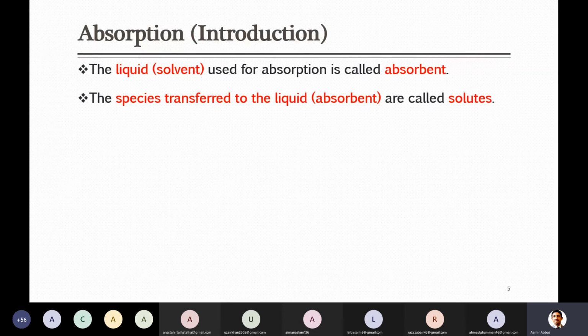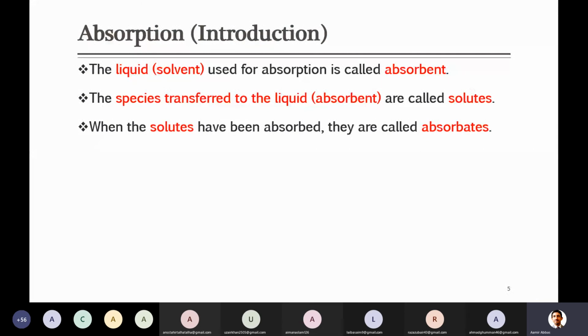And the species which you want to get rid of, or which you want to absorb, are called solute, as long as they are not absorbed. But when the solute has been absorbed, then it will be called absorbate. I think you are aware of these terminologies: absorbent, absorbate.